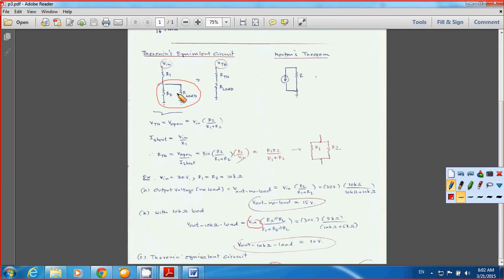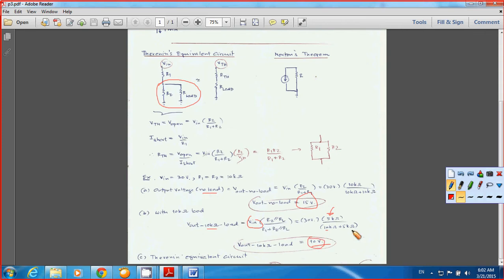They have the same resistance, 10k ohms and 10k ohms. In parallel it drops to half of that, so it becomes 5k ohms. That's why I have 5k ohms here. And then you divide by R1, 10k ohms, plus R2 in parallel with RL. That gives you 10 volts. It dropped from no load to the 10k ohm load.